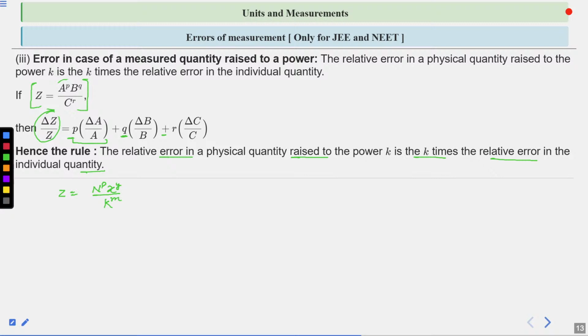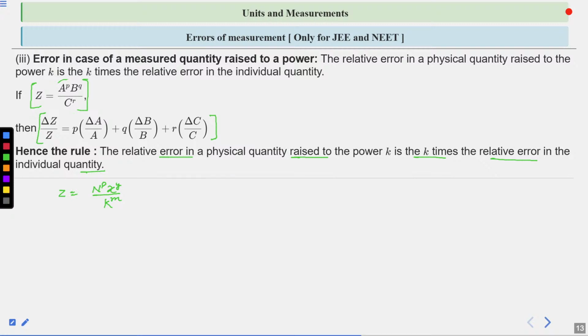Please find. Here you have to find out the relative error. Here we will use the same method, delta z by z. Similarly, we use the same method to solve this quantity.